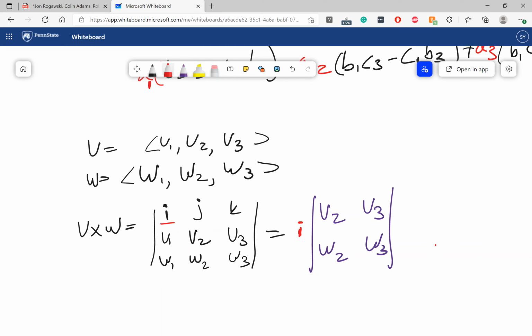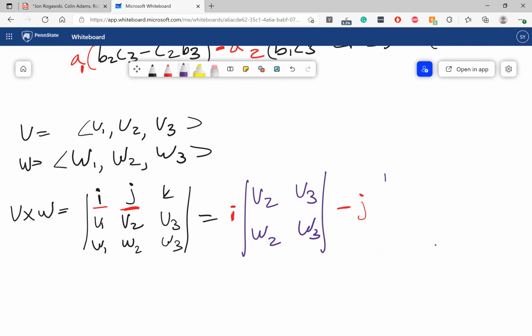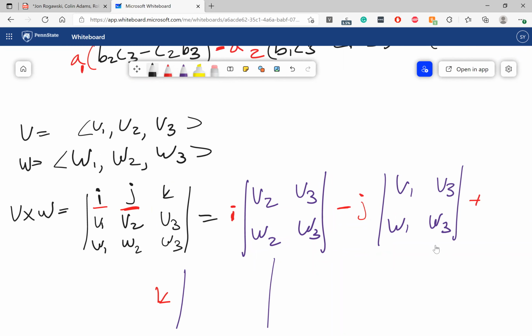And then you go minus, and you go to your J, you put your J over here, and you put the determinant of the matrix V1, V3, W1, W3, and then plus K, and then the matrix V1, V2, W1, W2. Any questions?